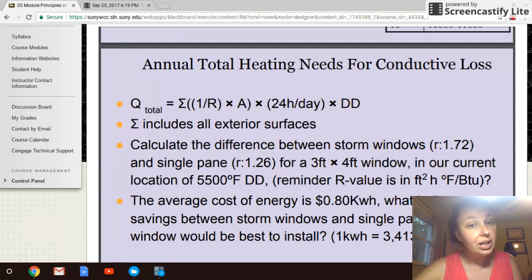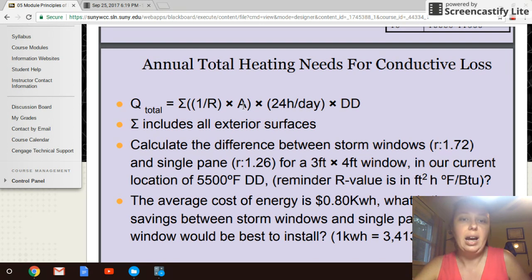And so here is the equation. We're going to find Q total because you're going to be finding the number for the year. And that is equal to the sum of all your 1/R values times their areas, which means that I would take the 1/R value of the area of each and every window and add them together. And I would take the 1/R value of the area of all of the surfaces that happen to be my exterior: sheetrock, insulation, plasticine board, every material that's there.